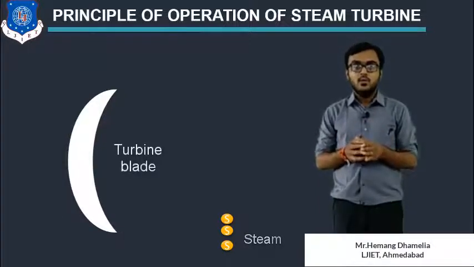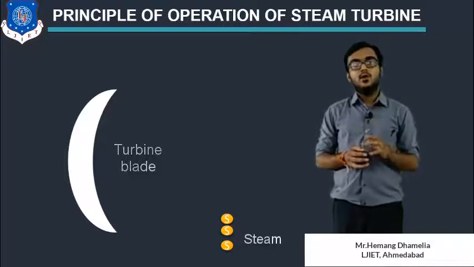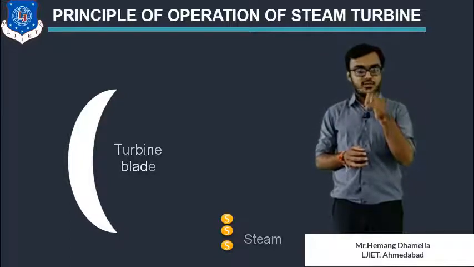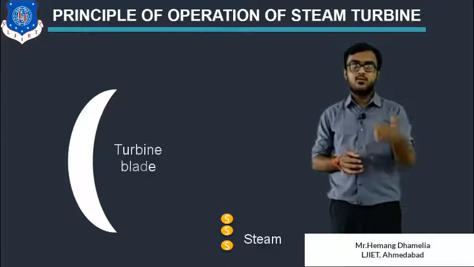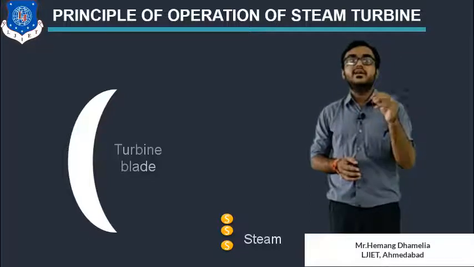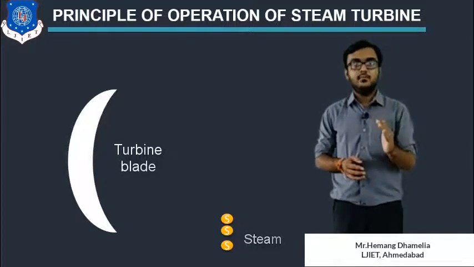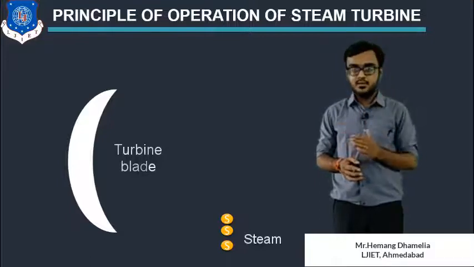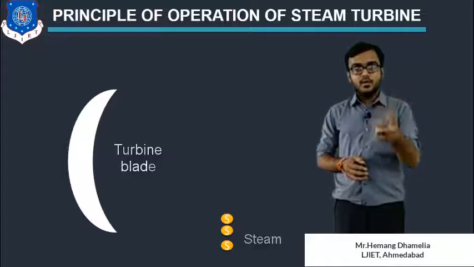Here I have shown only one blade, but imagine we have a wheel. Over the circumference of the wheel we have a number of blades, and whenever we impart the steam over the blade surface, because of the momentum change phenomenon, the turbine blade will try to rotate about its axis.